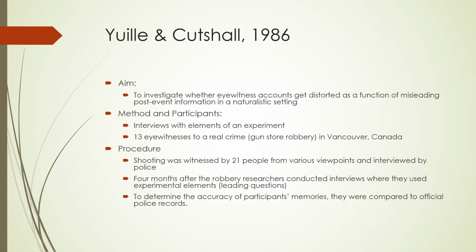So the next study we have here is Yuille and Cutshall from 1986. And this is an interview with elements of an experiment. And the aim was to investigate whether eyewitness accounts get distorted as a function of misleading post-event information in a naturalistic setting. And this naturalistic setting piece is important because it's different in ways from the Loftus study.